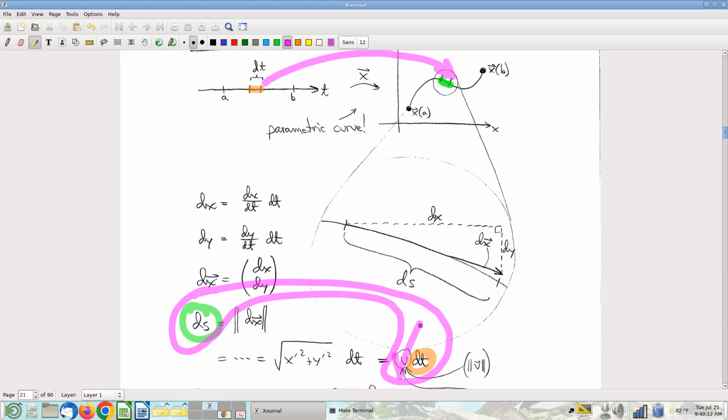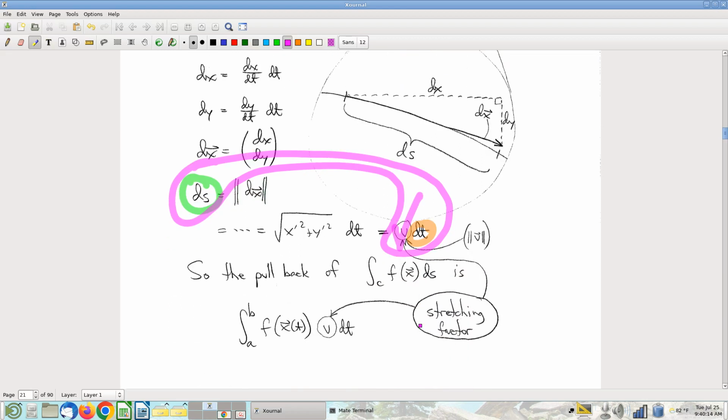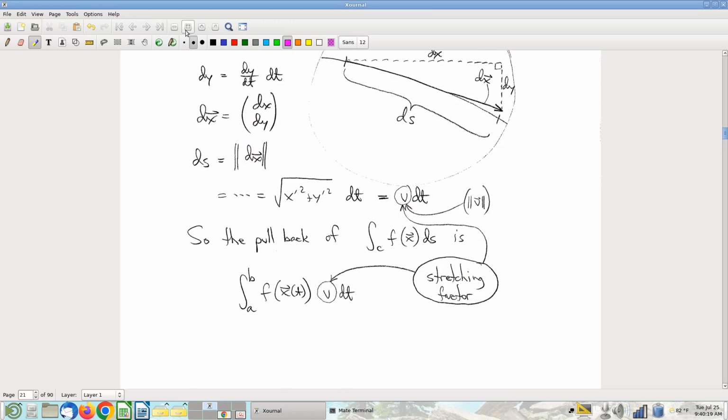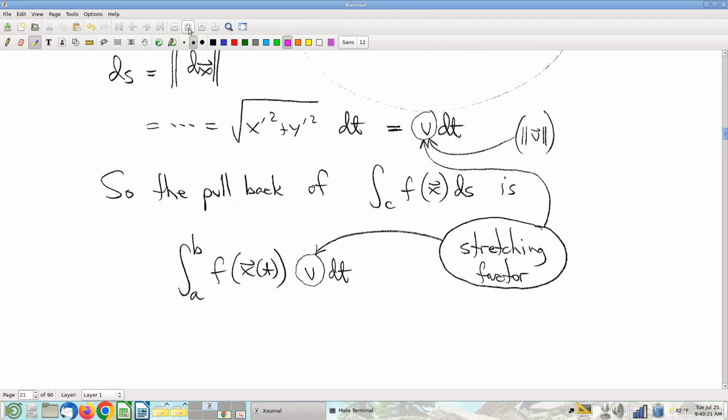But again, the method is going to be relevant to what we're going to do on the next page. Okay, so we've got ourselves a stretching factor, and now we can just start writing down how to compute these scalar line integrals, because here's a scalar line integral.